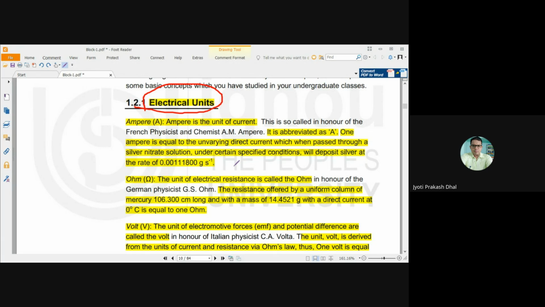So that is known as 1 ampere. It is abbreviated as A, and ampere is the unit of current.